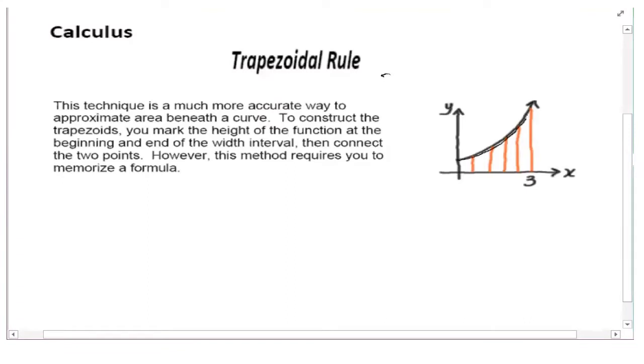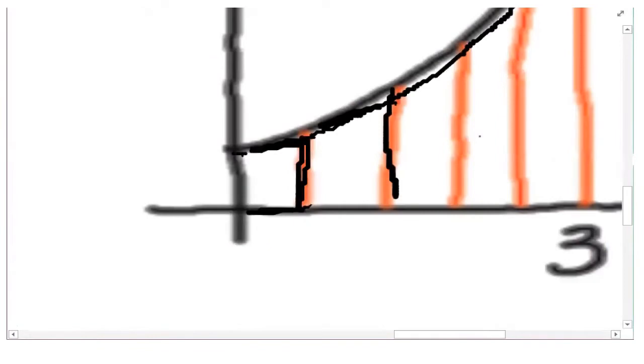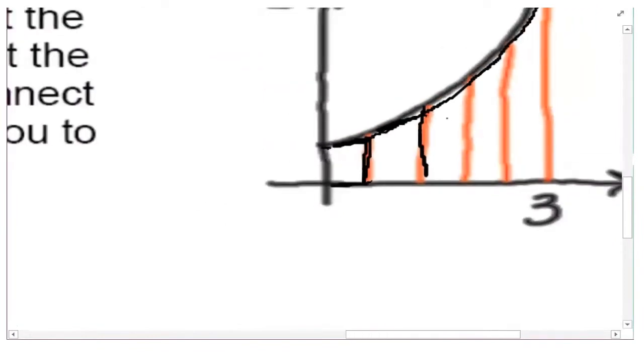The trapezium rule in this case is to divide the area below the curve, or the area you wanted to find, into small trapeziums. Very small trapeziums, so the curved part here will approximately be a line segment.